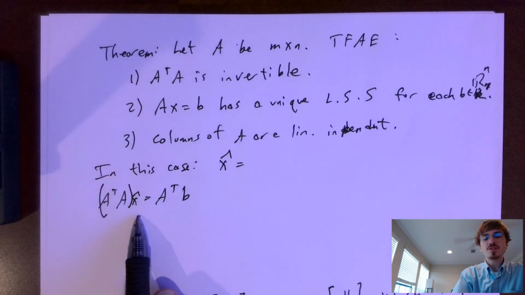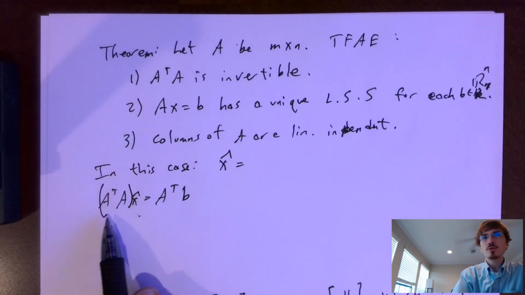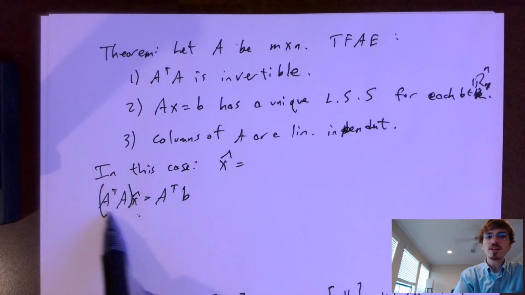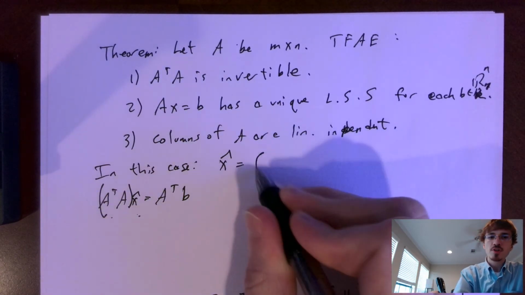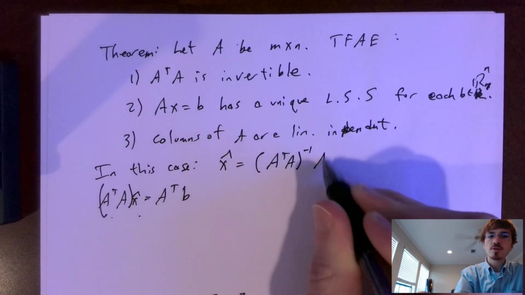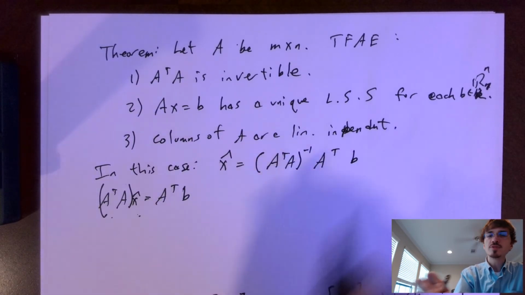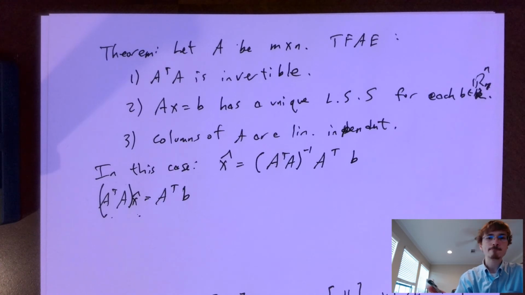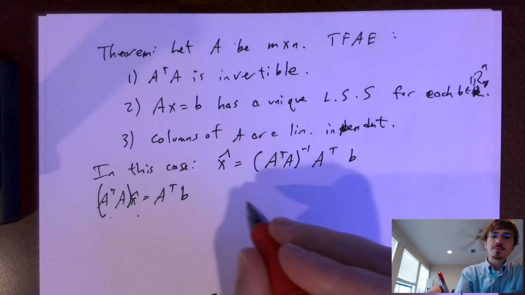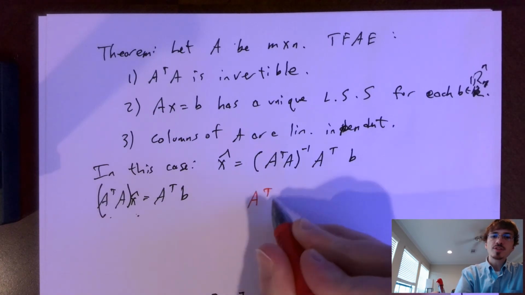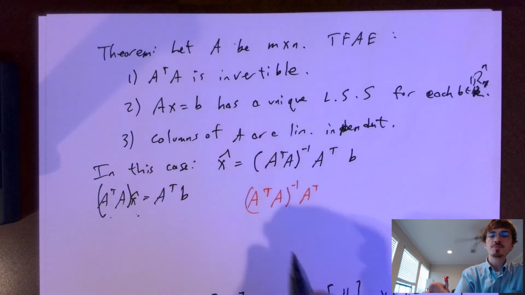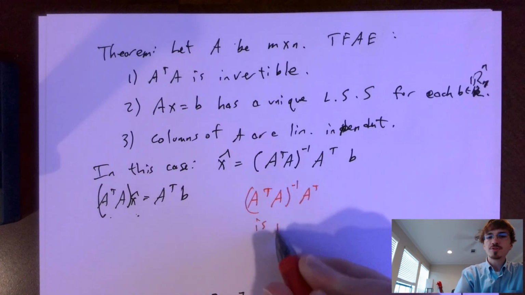How do we use this equation to solve for x hat? We're going to multiply it on the left by the inverse, given that this thing is invertible, right? So it'll equal A transpose times A inverse times A transpose B. As an aside, the matrix A transpose A inverse A transpose is called a pseudo-inverse.